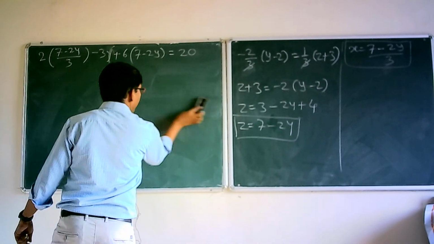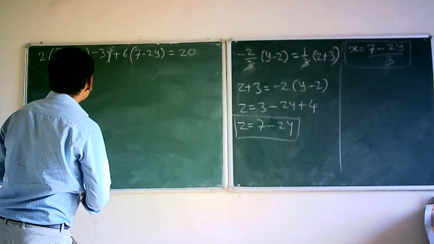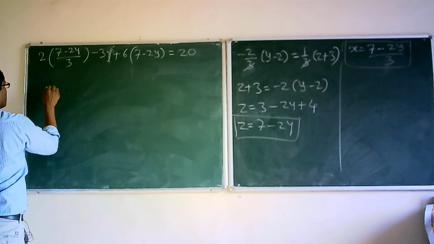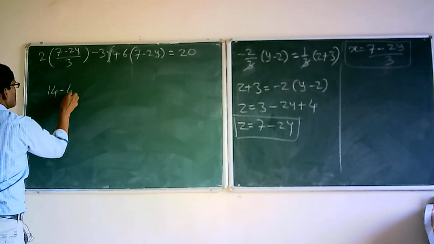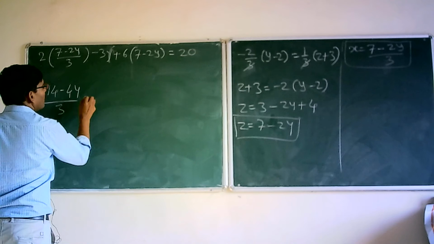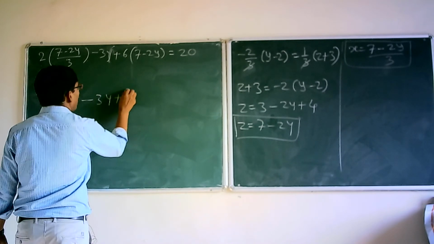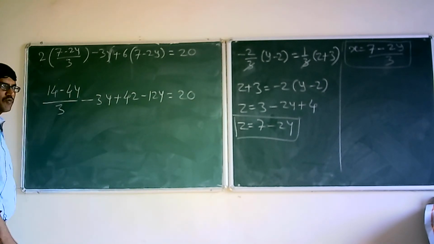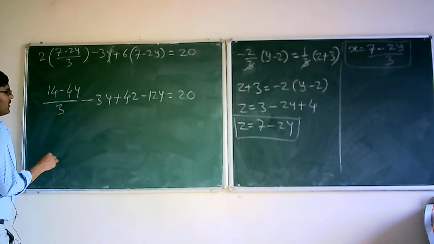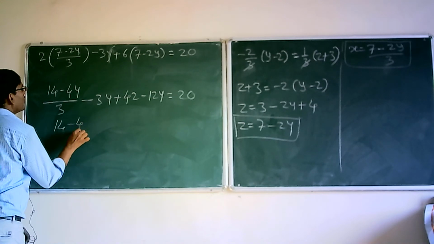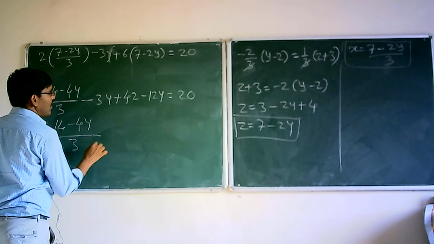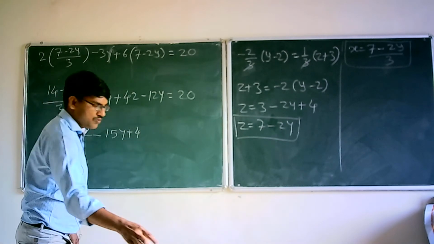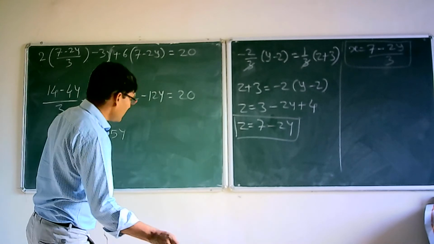If we simplify this, we get 2 times 7, which is 14, minus 4y divided by 3, minus 3y plus 42 minus 12y is equal to 20. Simplifying again, we get 14 minus 4y divided by 3 minus 15y plus 42. Taking 42 to the other side, we get 20 minus 42.